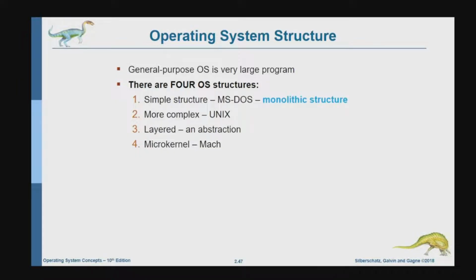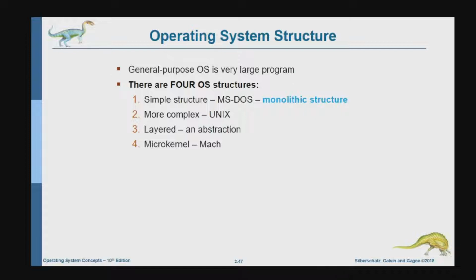The general purpose operating system is a very large program, and it can be based on four OS structures. We have the simple structure, the DOS part, so monolithic structure.